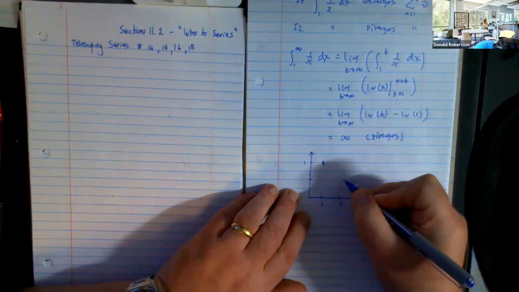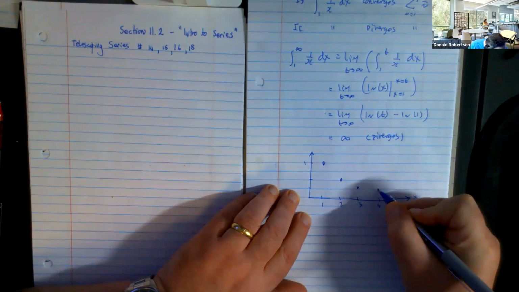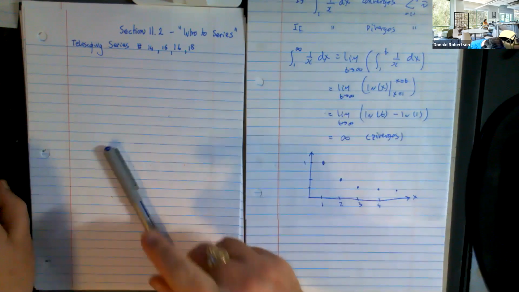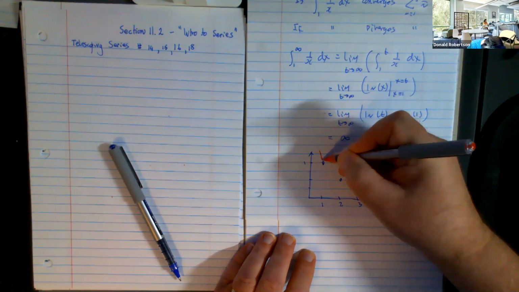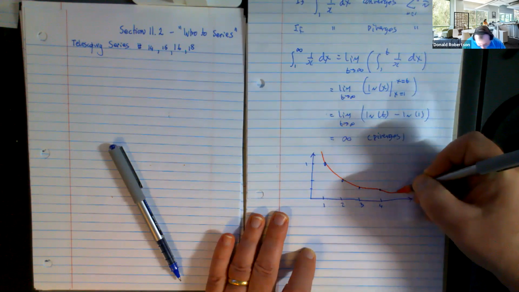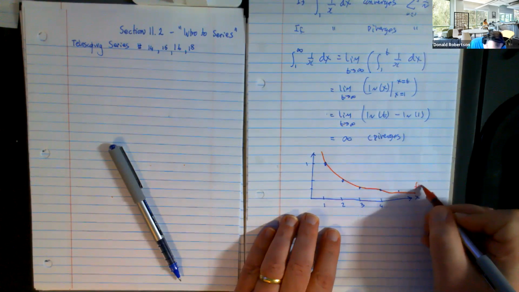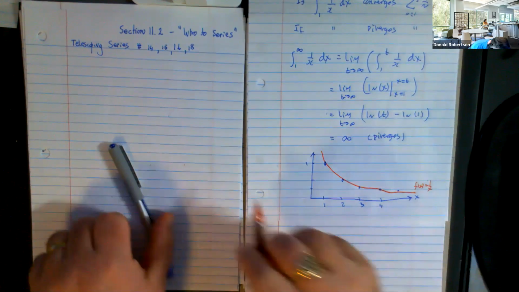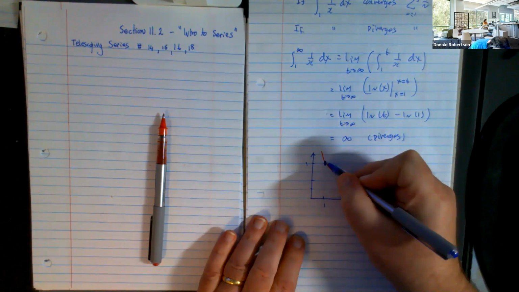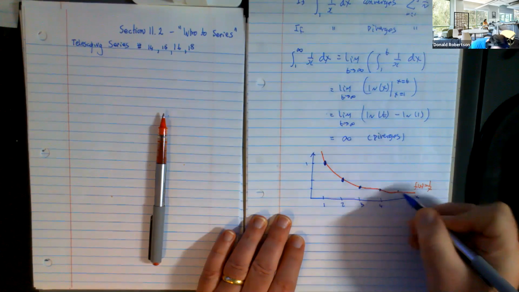And then it would be a half, and then a third, and then a quarter, and then it would be that. If you imagine these single points and you join them up, basically, isn't that the curve 1 over x?